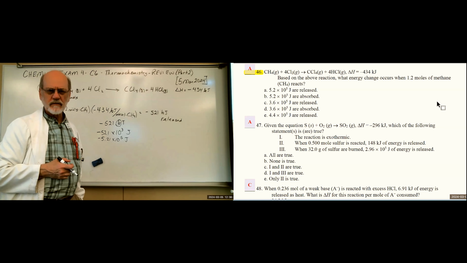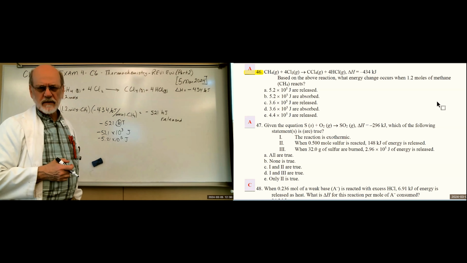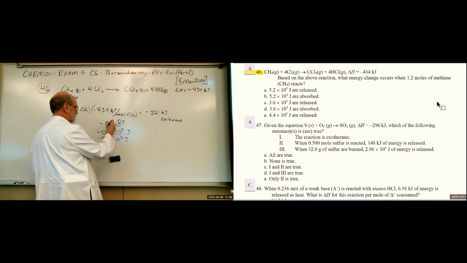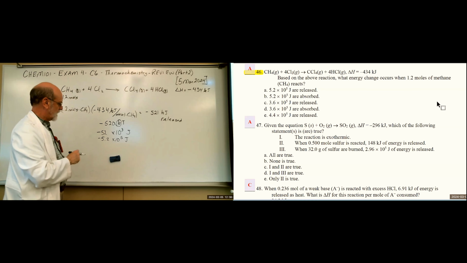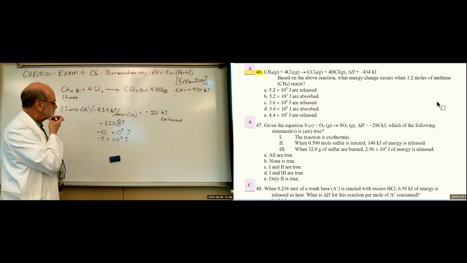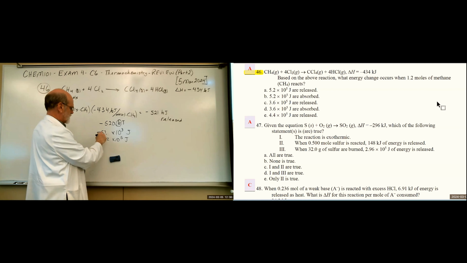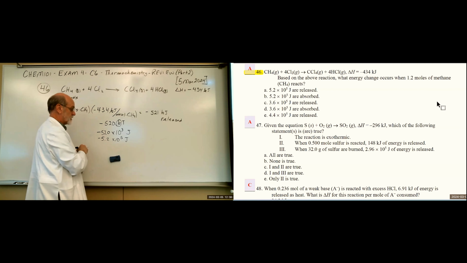Well, I got an extra. Yeah, that's right. They're right. I'm only allowed to, let's see, excuse me, better put that 0 there. This would only allow me 2 significant figures. So 5.2 times 10 to the 5th released is A. Okay. 46.